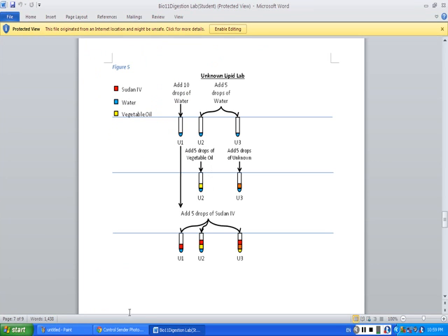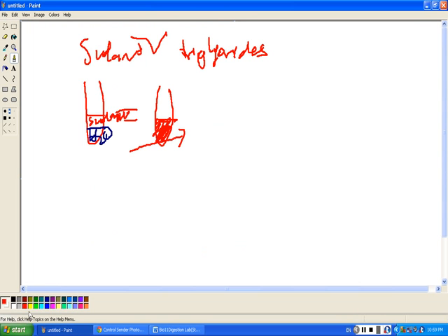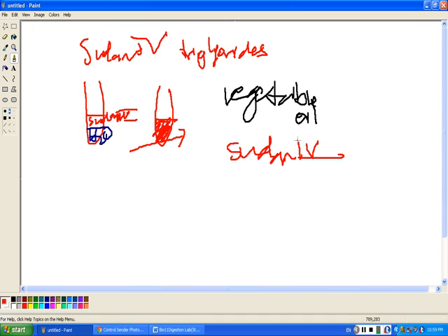So versus when we actually had vegetable oil in it and Sudan 4. So the next experiment, we have vegetable oil with Sudan 4. And we notice in this particular case, there was an oily layer on top due to the vegetable oil and water in the bottom.